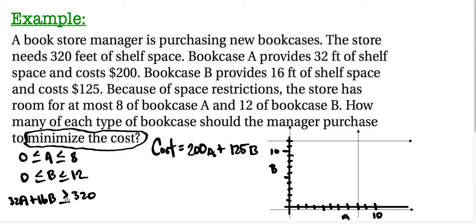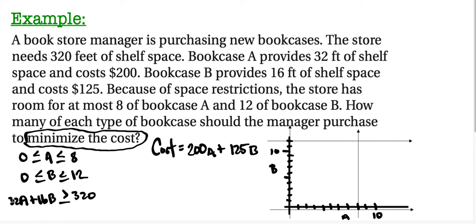And then my last one to graph is this. 32A plus 16B is greater than or equal to 320. So, do you guys remember the graphing where you cover up?